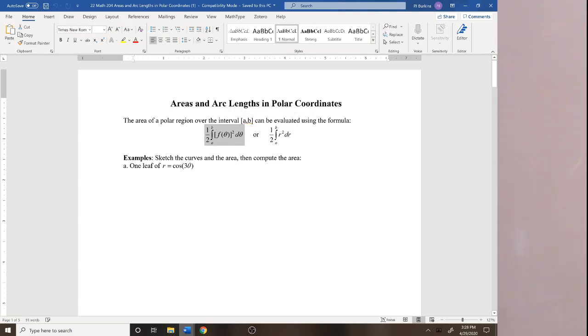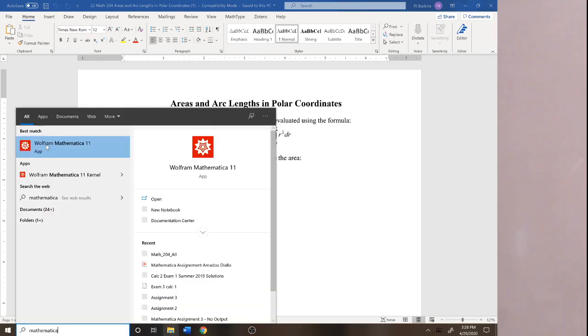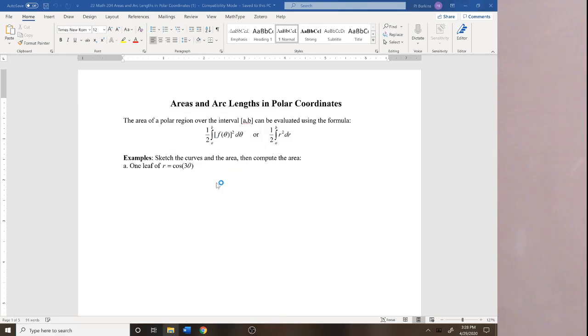So it says sketch the curves and the area, then compute the area. So as usual, I'm going to do this on Mathematica for you. But I would also like you to try it on your calculator, because eventually you're going to have to do this. So I'll show you how to do it there as well.